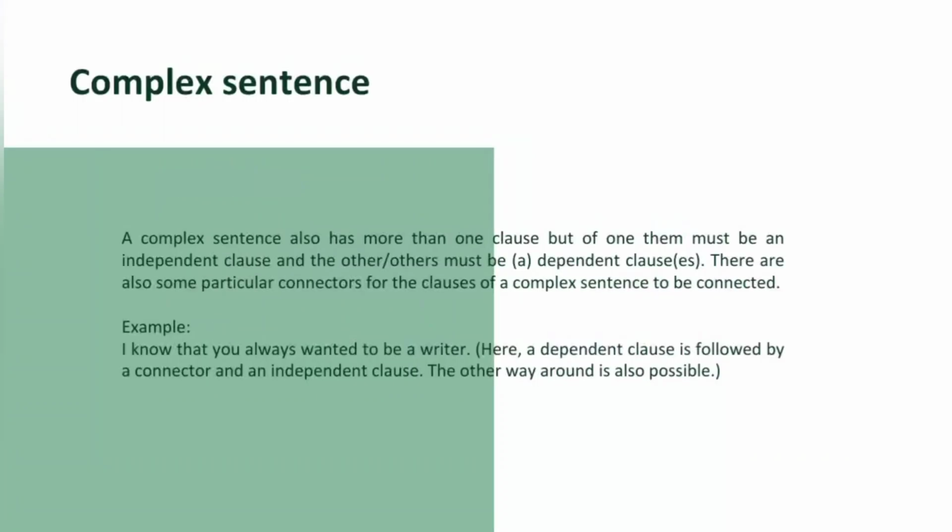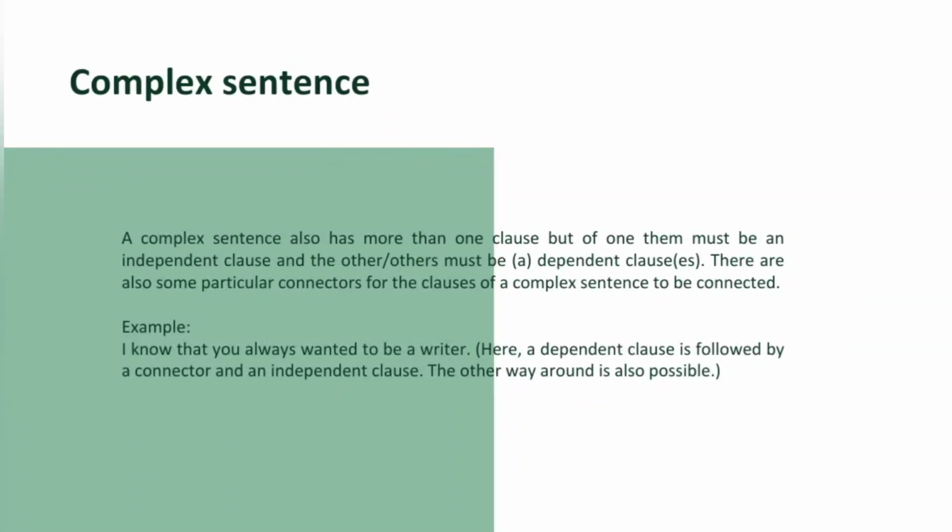The third is complex sentence. A complex sentence also has more than one clause, but one of them must be an independent clause and the other must be a dependent clause. There are also some particular connectors for the clauses of a complex sentence to be connected.